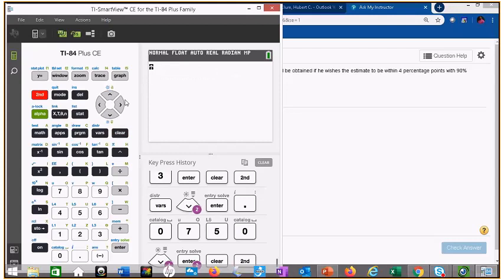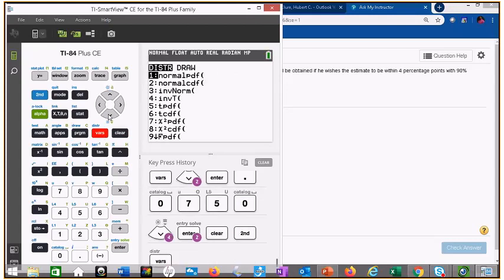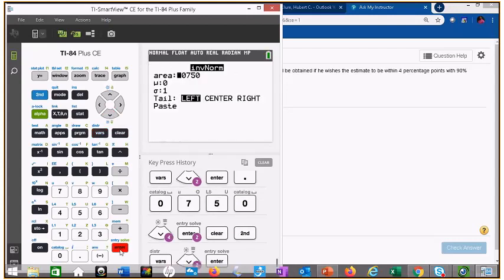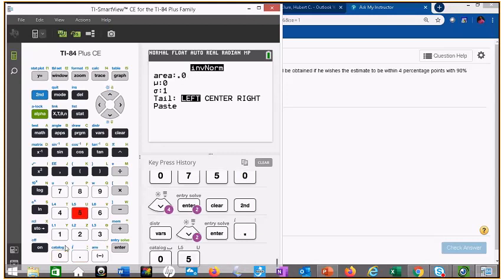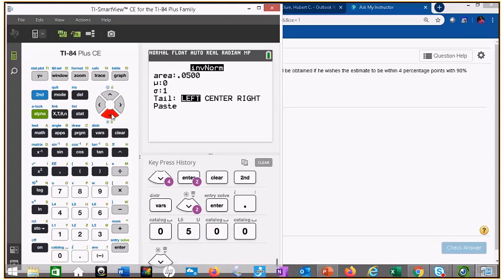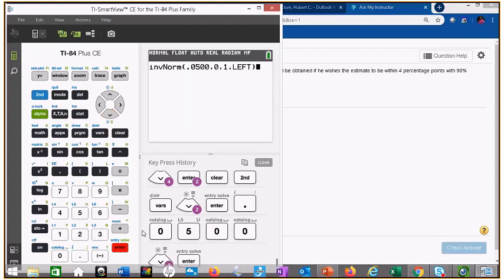Second, inverse norm, and that's going to be 0.05, 0.0500, and enter. 1.645.